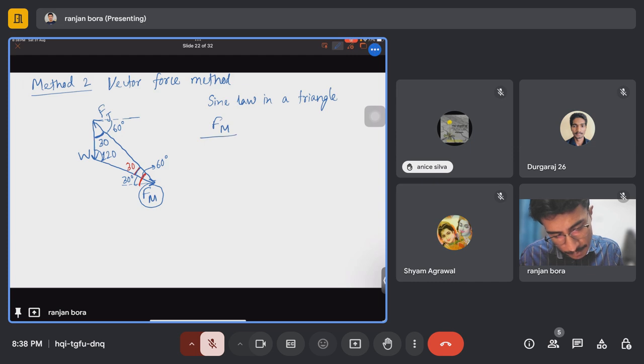So Fm by sine 30 will be equal to Fj by sine 120, equal to W by sine 30.